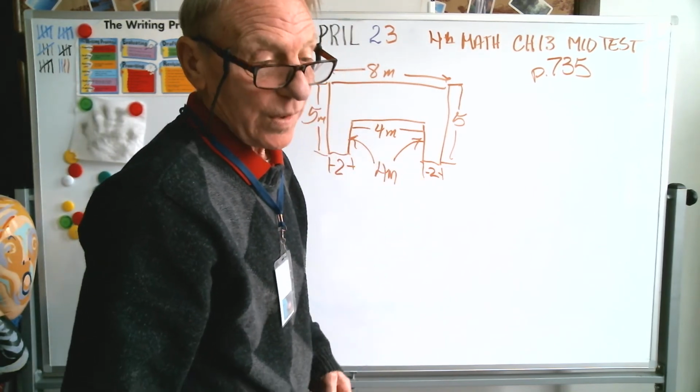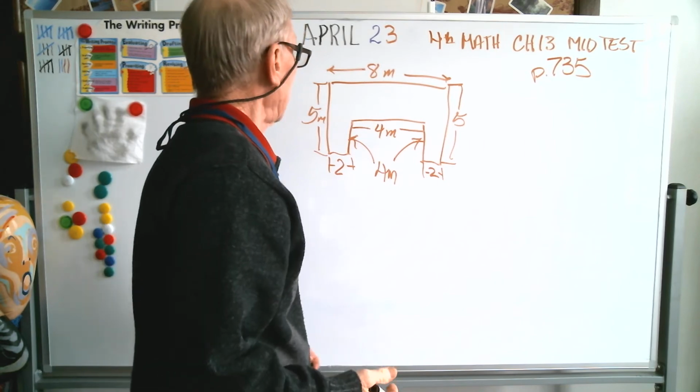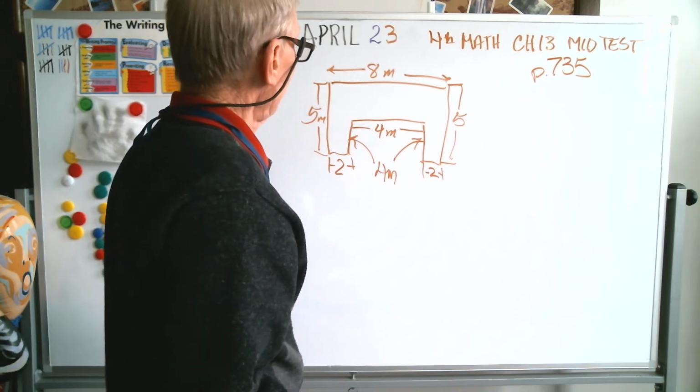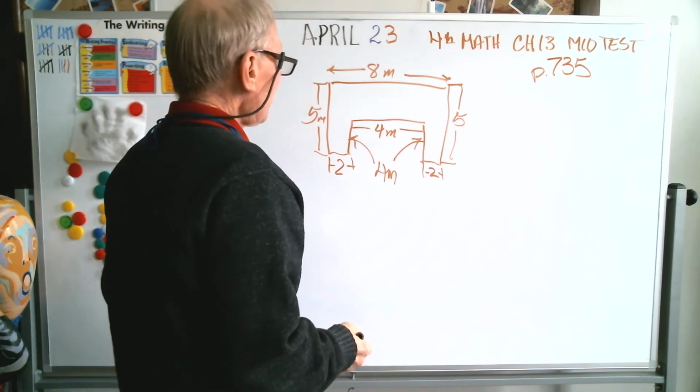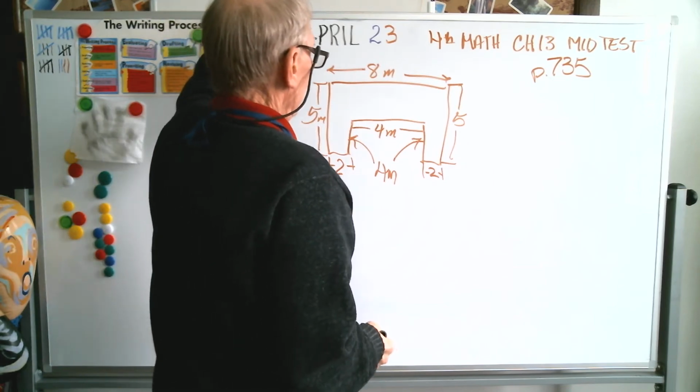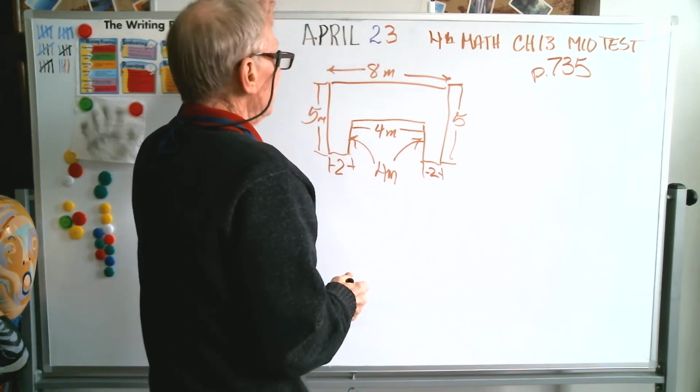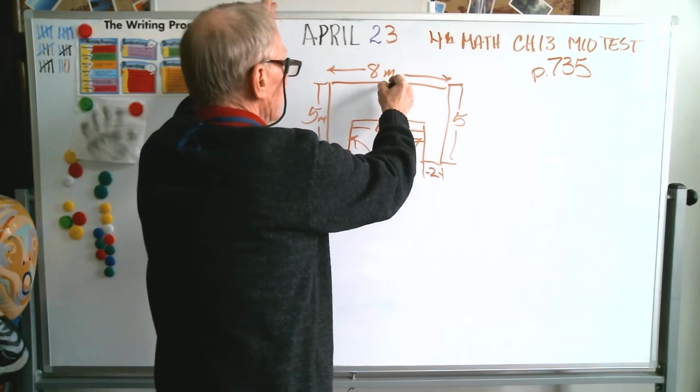So when you look at a shape like this, you got to decide, well, where am I going to break it? The first thing you need to figure out is, what is this dimension?